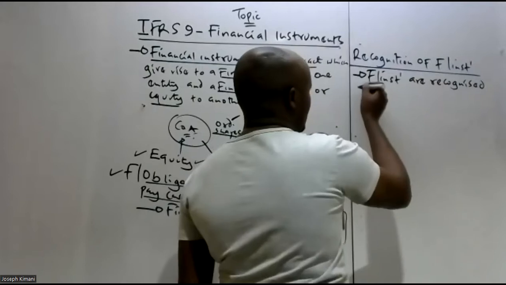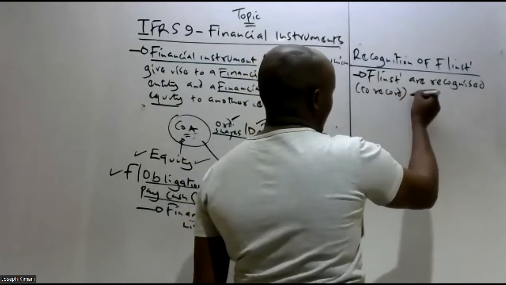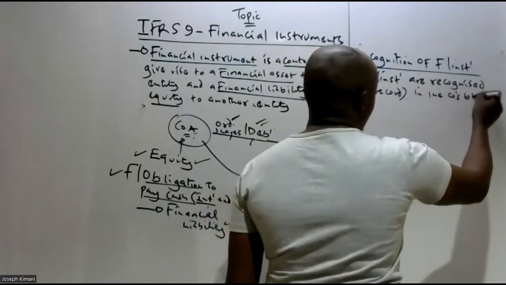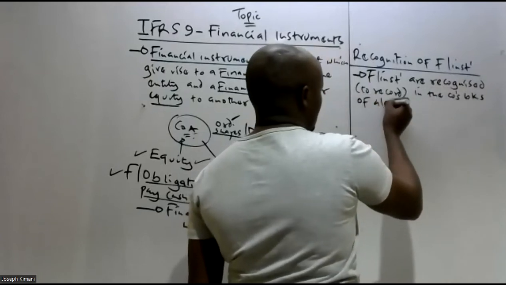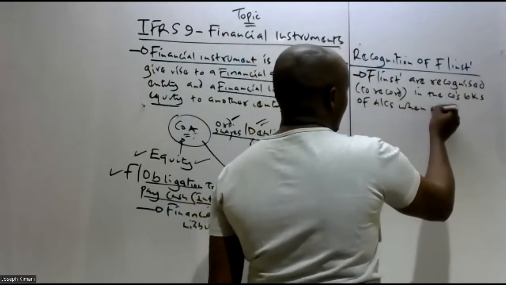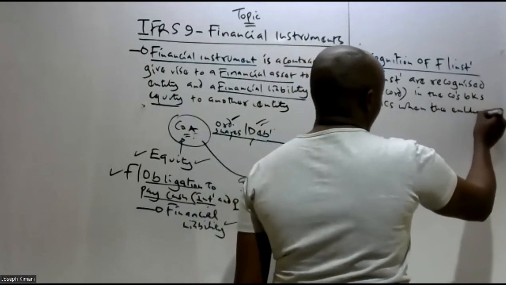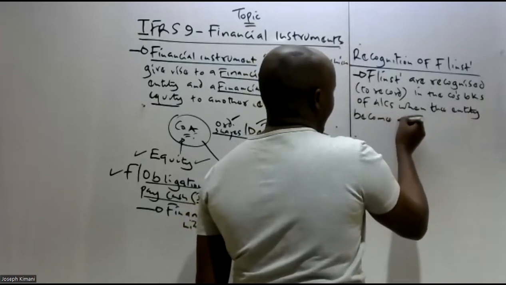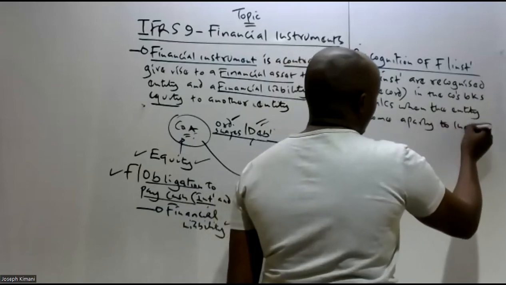Recognized is to do what? Is to record. Are recognized, or basically are recorded, in the company's books of accounts, when the entity becomes a party to the contract.